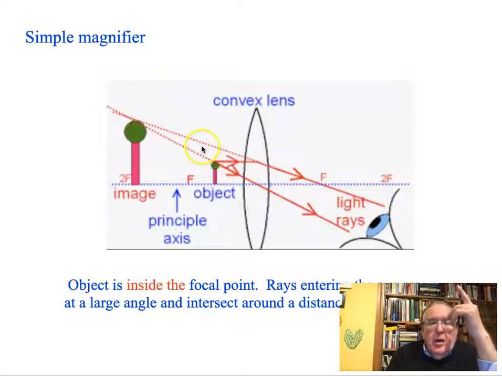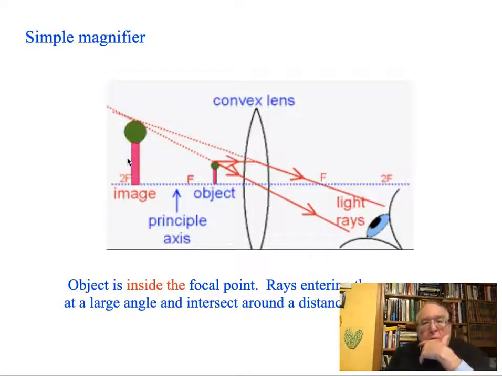The image is clear and sharp where these 2 rays that go into your eye, extrapolated backwards, meet, and they meet here at the image. And so you can see the image distance is farther. The image is farther away from the lens than the object.